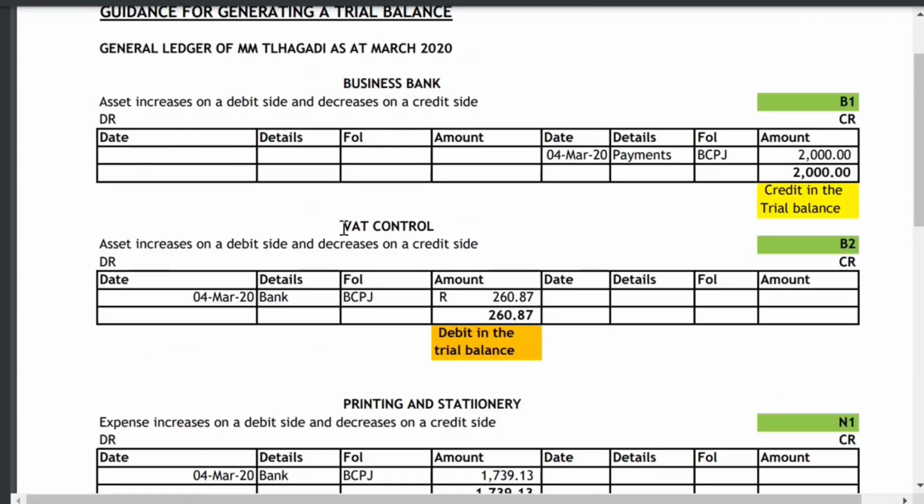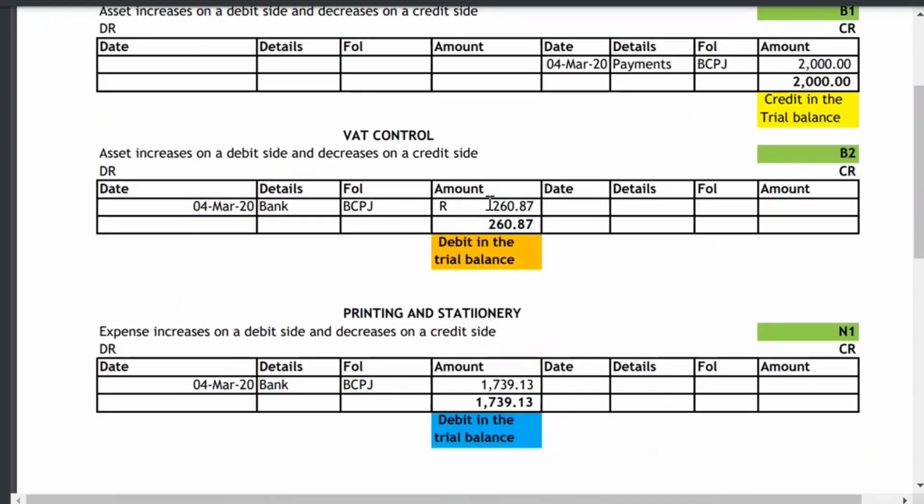And then we're going to look at the VAT control account. The VAT control account is account B2, and this account has a debit balance of 260.87.